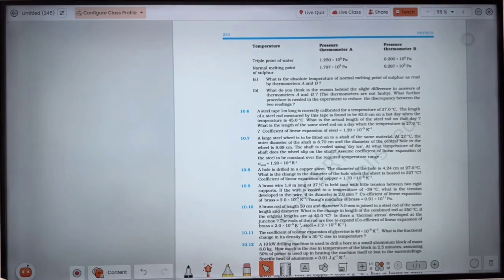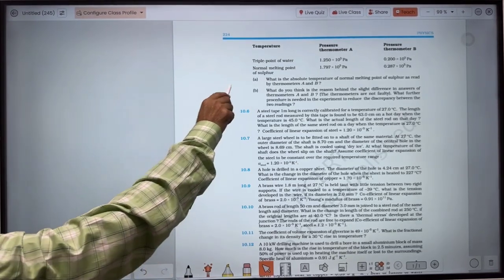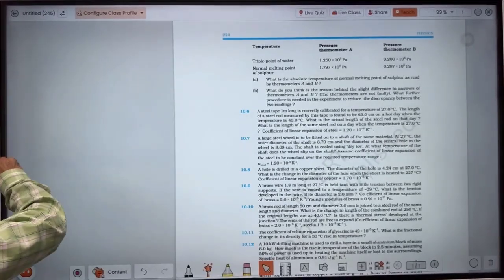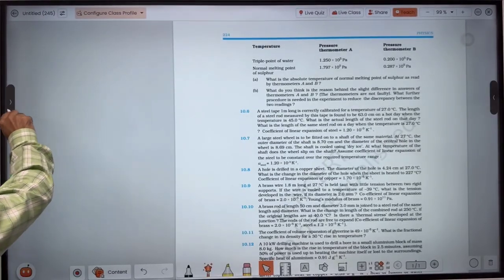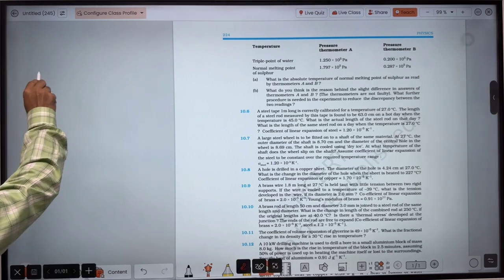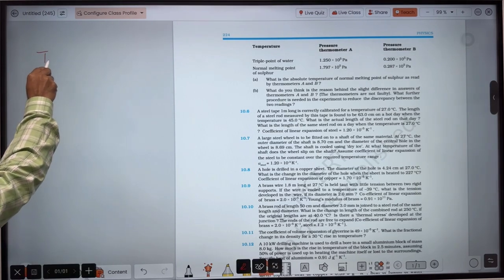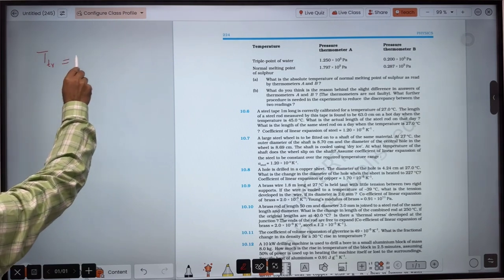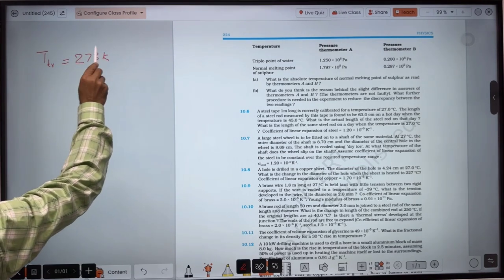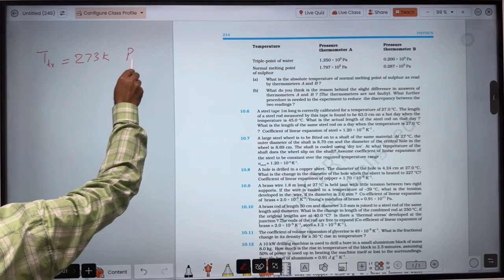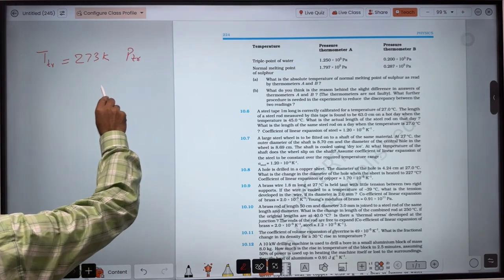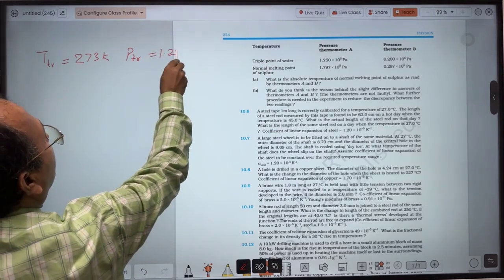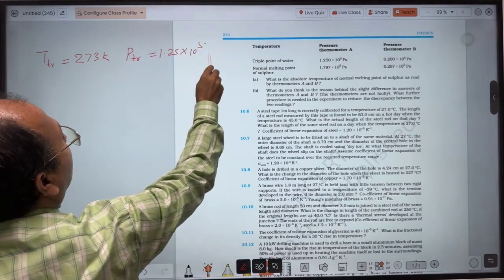So triple point of water and normal melting point of sulfur. So let's write them. It says T triple is equal to 273 Kelvin, and in pressure scale it is given as 1.25 into 10 to the power 5 Pascal, right?